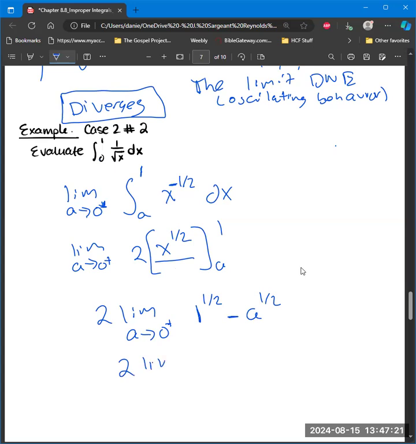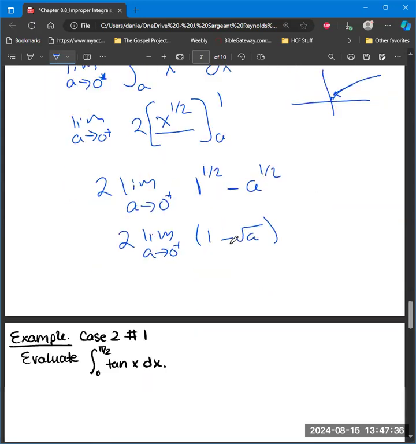I'm not used to putting these dummy variables in here. I think you can tell. It's 2, limit as a goes to 0 from the right of 1 minus the square root of a. And the square root function here, as I come from the right, that is 1 minus 0, which gives 2. And that's convergent.